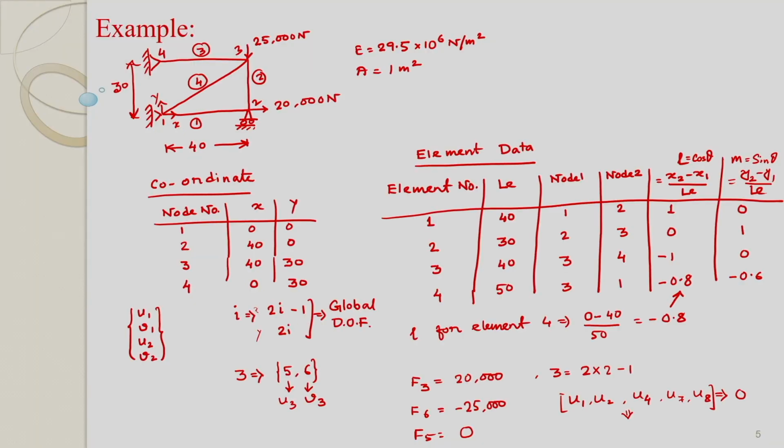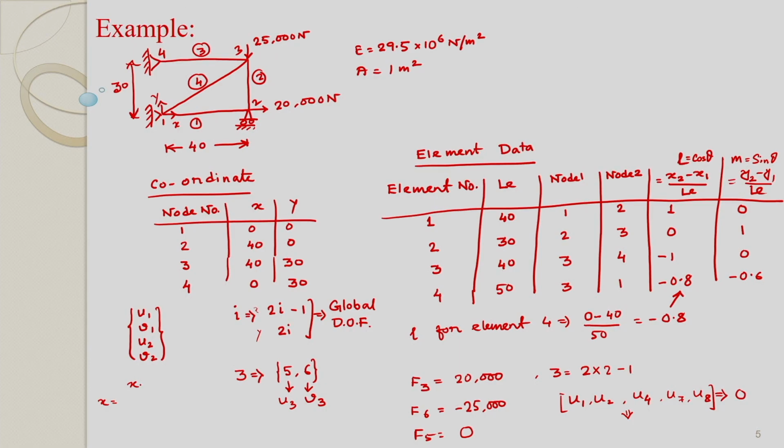For a particular element, we supply this coordinate vector corresponding to x and y coordinate for local node 1 and local node 2.